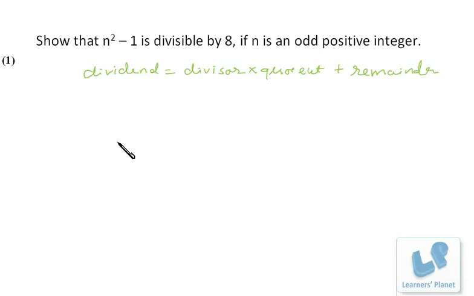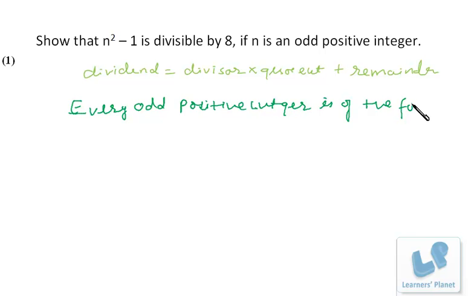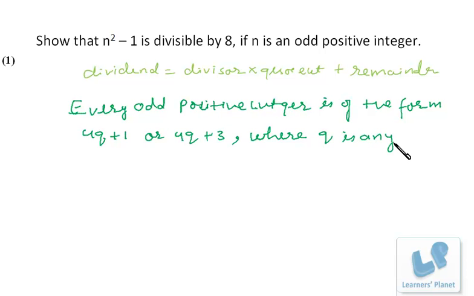If I write this in the context of 4, every odd positive integer is of the form 4q plus 1 or 4q plus 3, where q is any integer, I mean any positive integer, right?